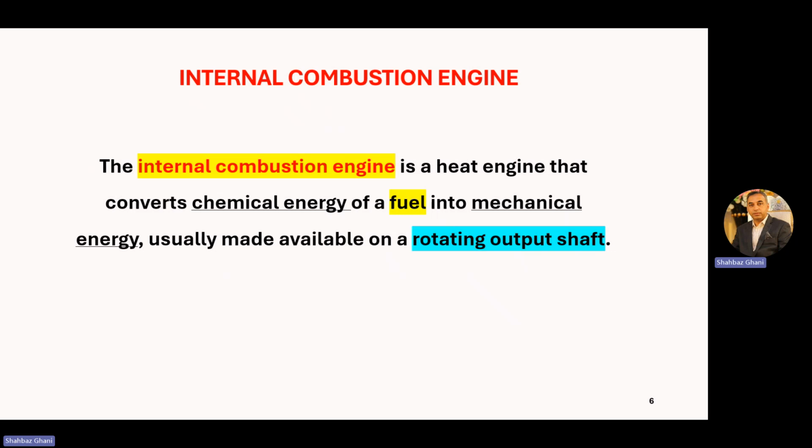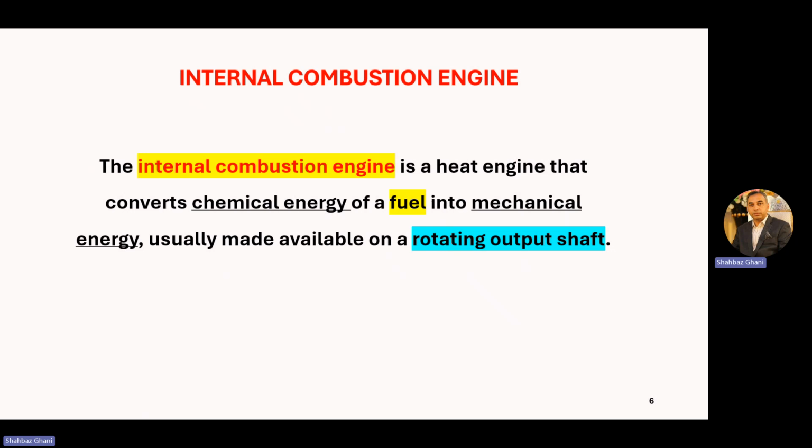Now, what is an internal combustion engine? An internal combustion engine is a heat engine that converts chemical energy of a fuel into mechanical energy, usually made available on a rotating output shaft. So the internal combustion engine is basically a heat engine that converts the chemical energy of a fuel or air-fuel mixture into the mechanical energy that is available to you on a rotating output shaft.